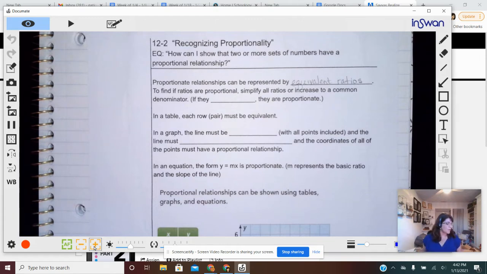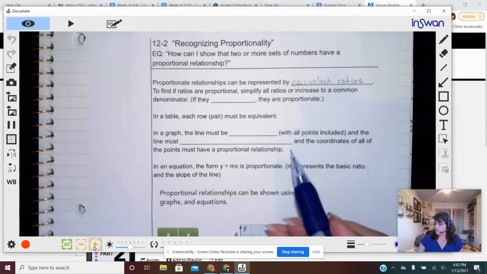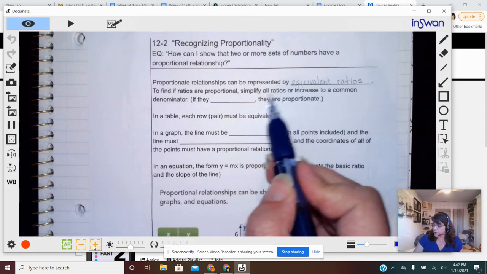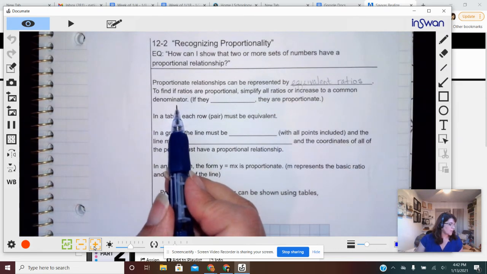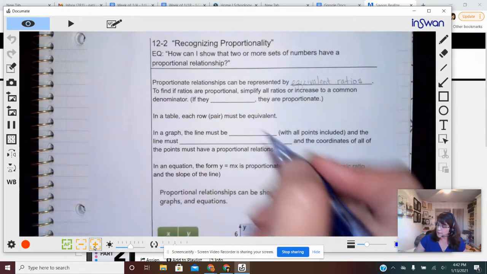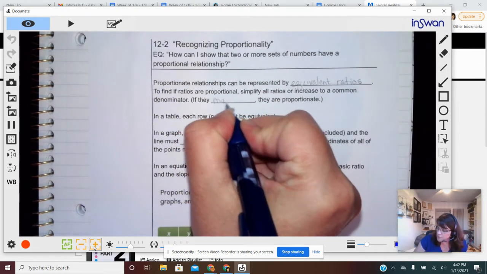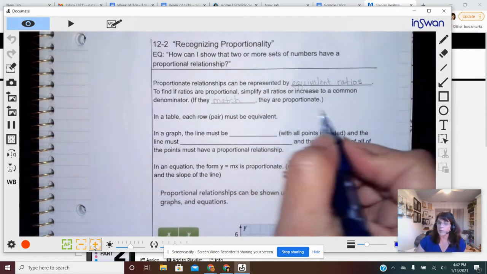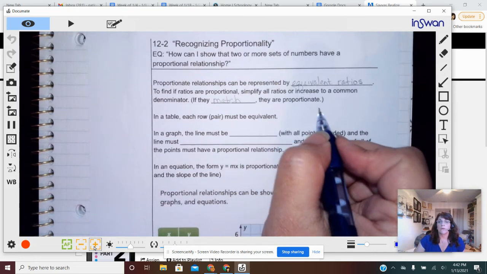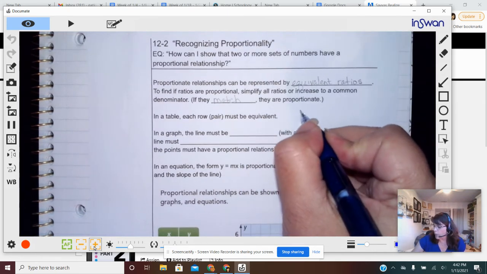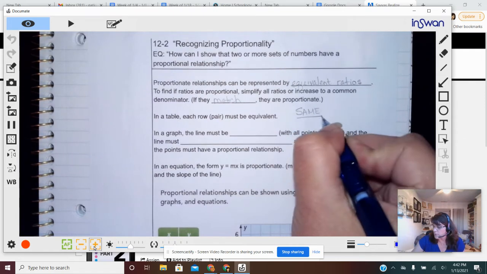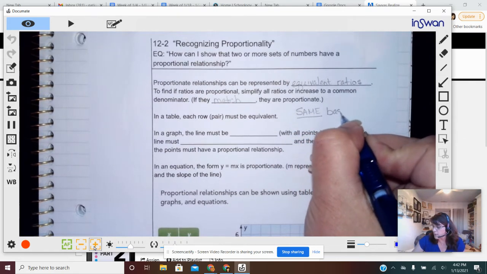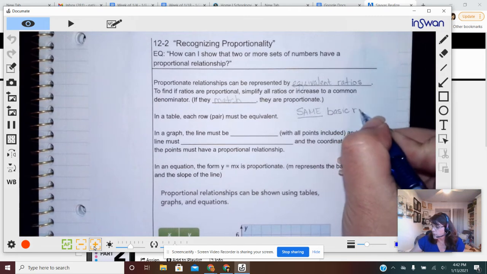To find out if ratios are proportionate, you want to simplify all the ratios or increase them to a common denominator. Okay. If they match, they are proportionate. We want the same, and I'll write it in all caps, basic ratio.